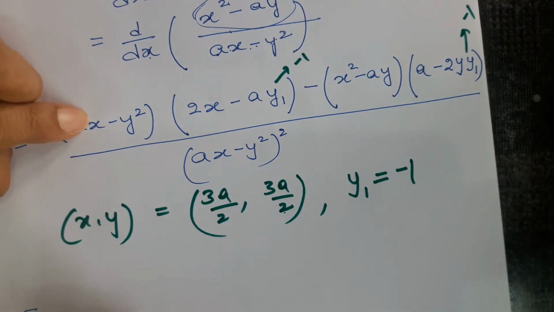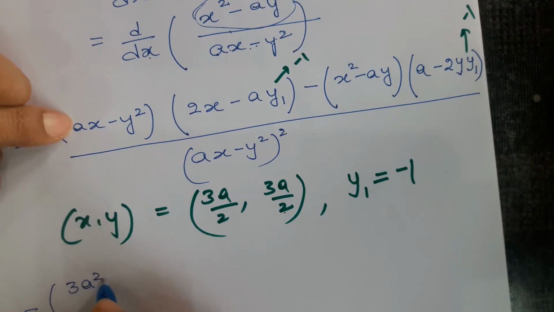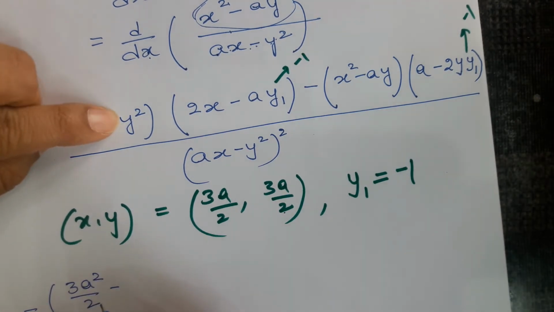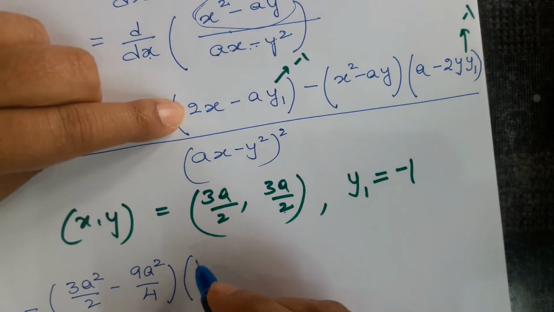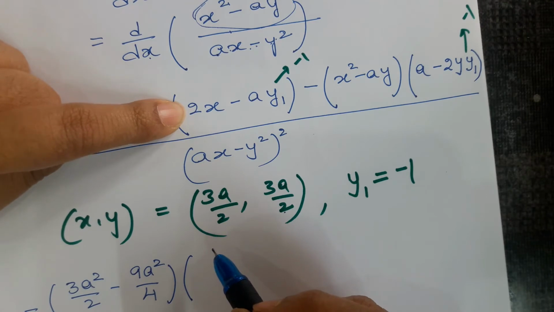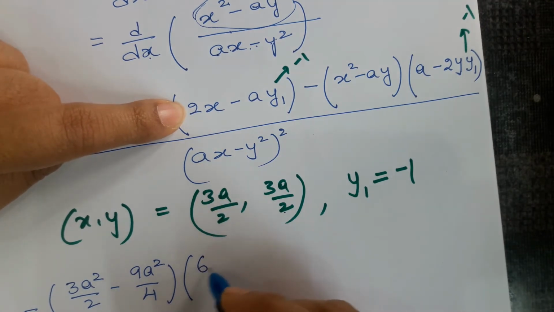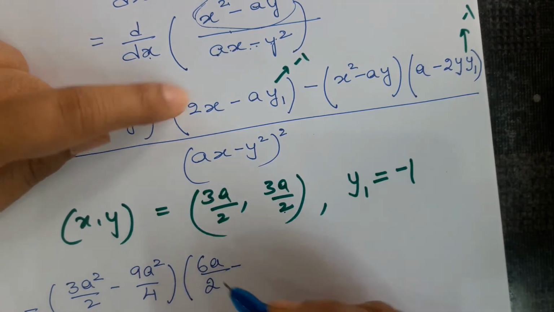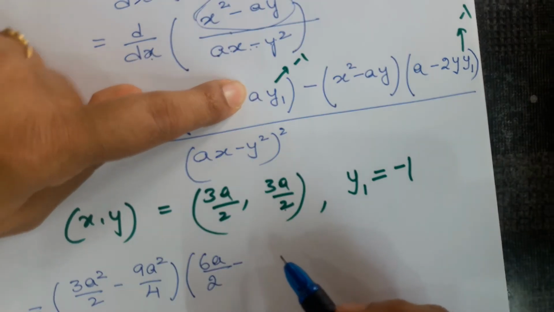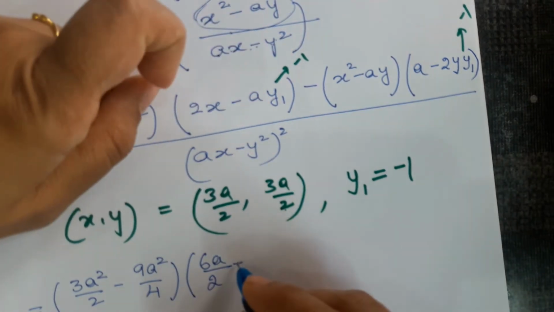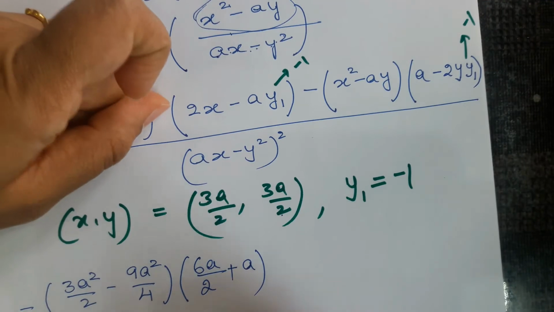X is 3a by 2 multiplied by a, that is 3a square by 2. Y square is 3a by 2 whole square, so 9a square by 4. Correct? And here 2x, what is x? 3a by 2, so 6a divided by 2, minus a. Here y1 is minus 1, so plus a I will get.